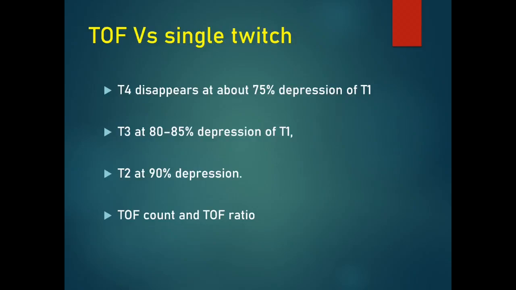The third twitch usually disappears when around 80 to 85% of the receptors are occupied by the non-depolarizers, and when the second twitch disappears, it shows the patient is depressed, with more than 90% of the receptors occupied by the drug. There is a difference between the train of 4 count and the train of 4 ratio. Both of them need to be observed before you come to a final diagnosis.